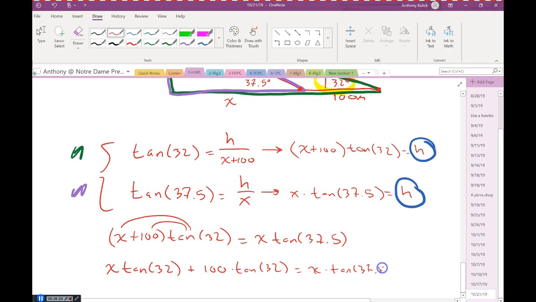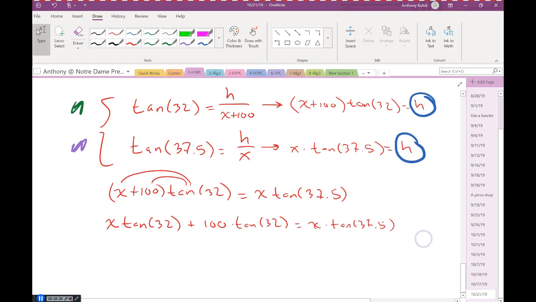I'm going to put the x's on the same side and the non-x's on another. So I'm going to subtract x times tan 37.5 from both sides and then subtract 100 times tan 32 from both sides.